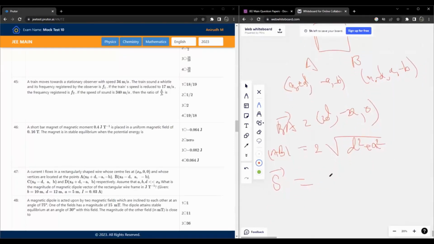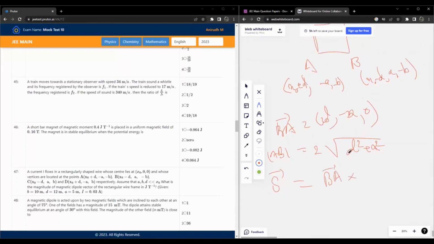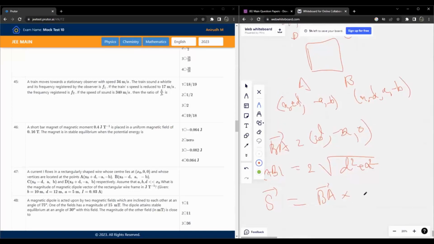The areal vector is going to be BA cross AD, right?